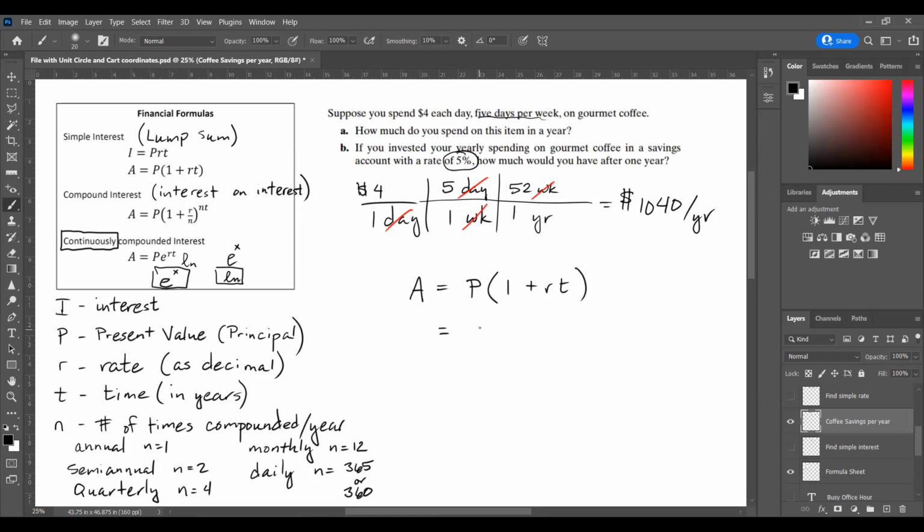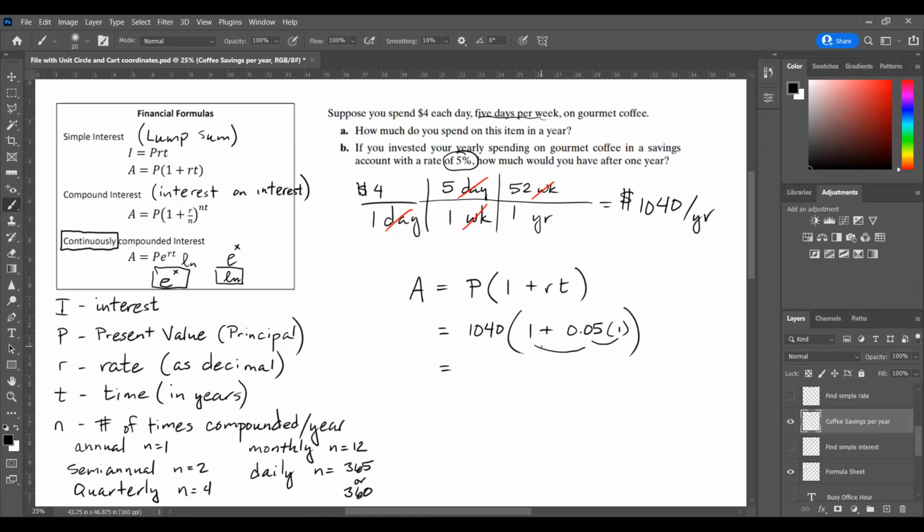So the future value will be the amount I'm investing. That's how much I'm saving by not buying the coffee. My interest rate is 5%, and that's for 1 year. So remember, PEMDAS says inside the parentheses, I need to multiply first, and then I can add.